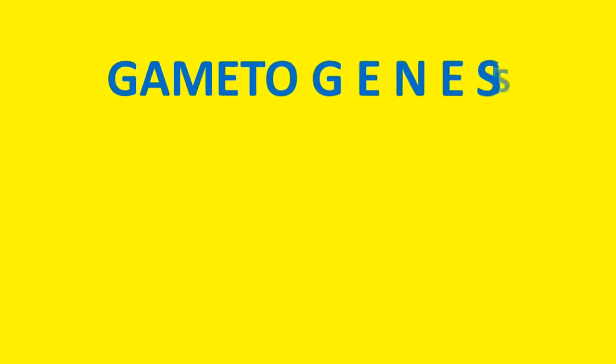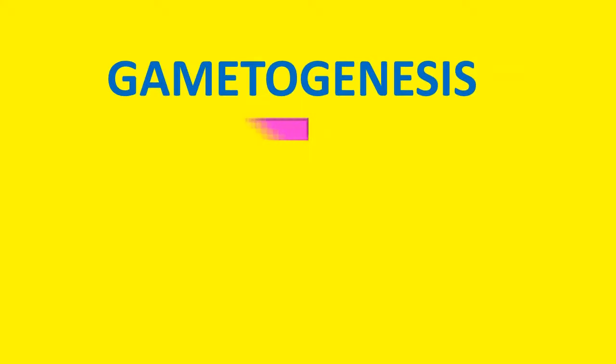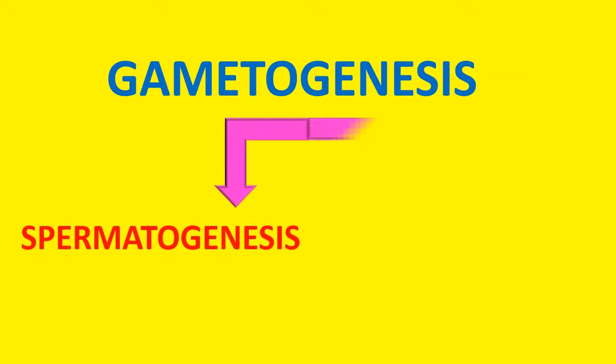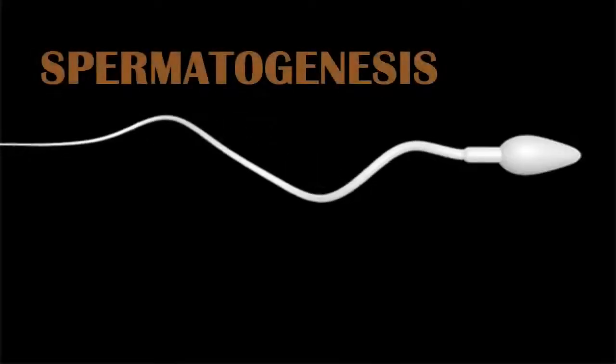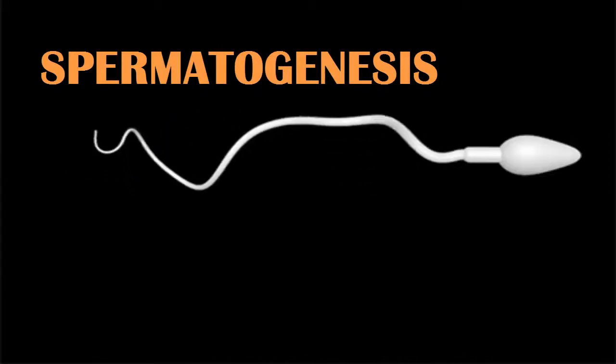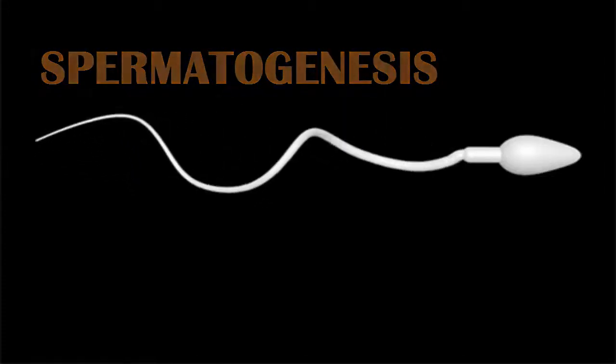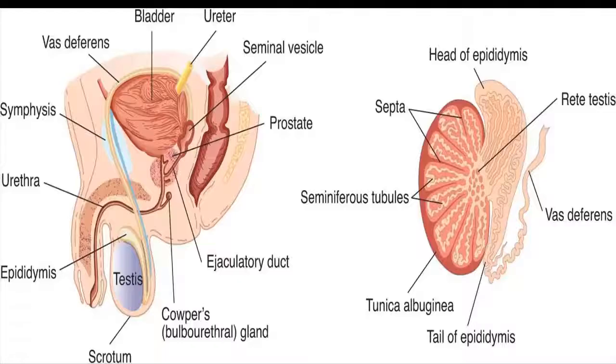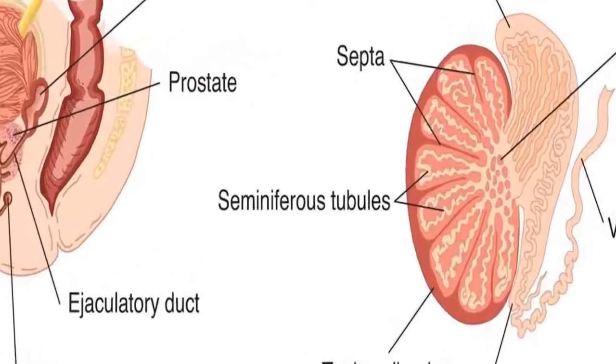It is of two types, spermatogenesis and oogenesis. First, we will see spermatogenesis, formation of spermatozoa. It takes place in the seminiferous tubule of the testis.